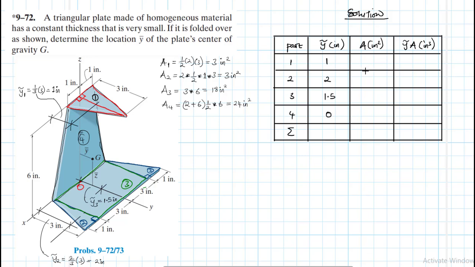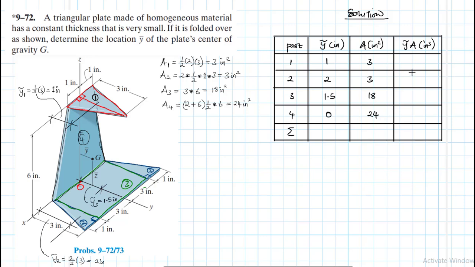Then the area for number 1 is 3, for number 2 it is also 3, for number 3 the area is 18, and for number 4 the area is 24.